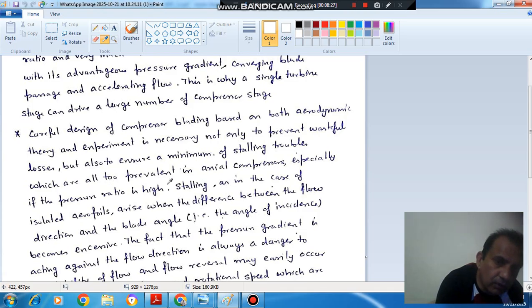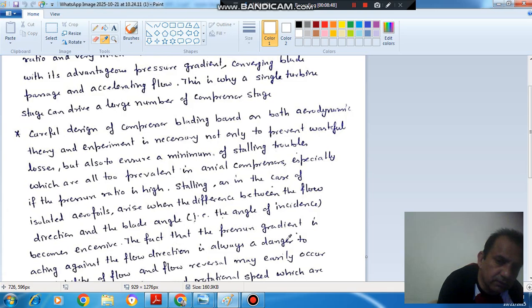These are all too prevalent in the axial compressor, especially if the pressure ratio is high. Stalling, as in the case of an isolated airfoil, arises when the difference between the flow direction and the blade angle, that is the angle of incidence, becomes excessive.